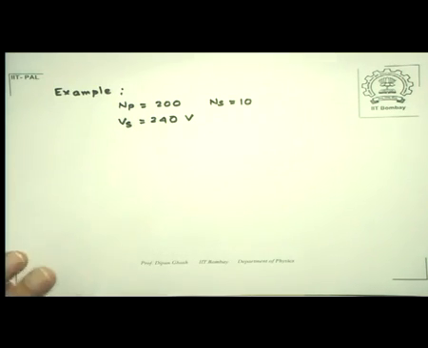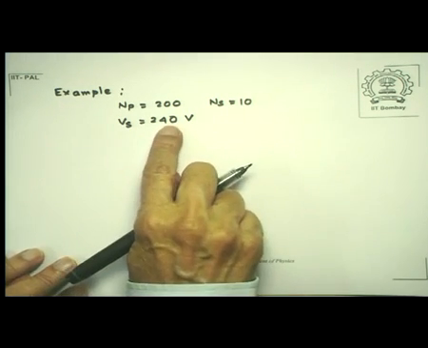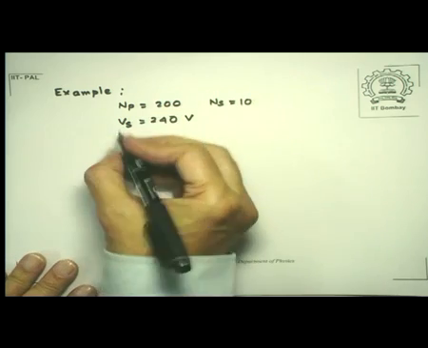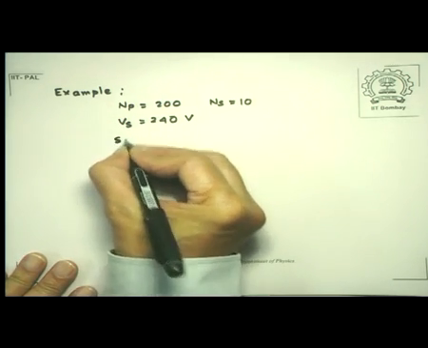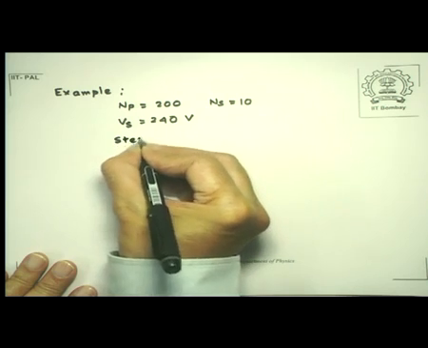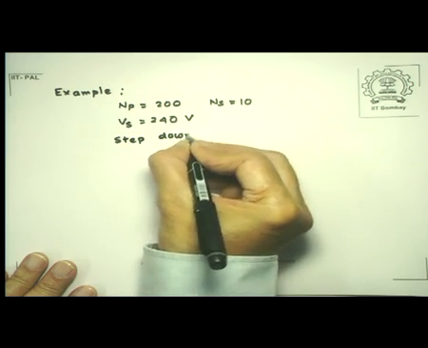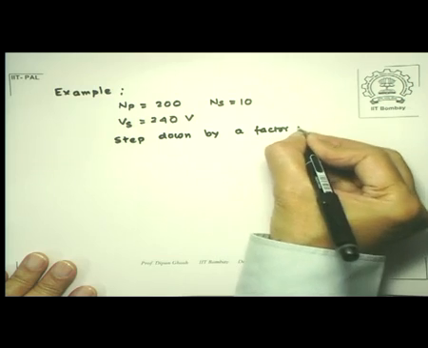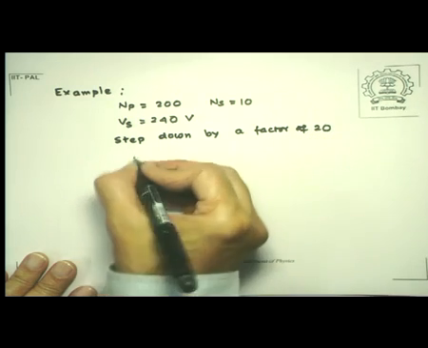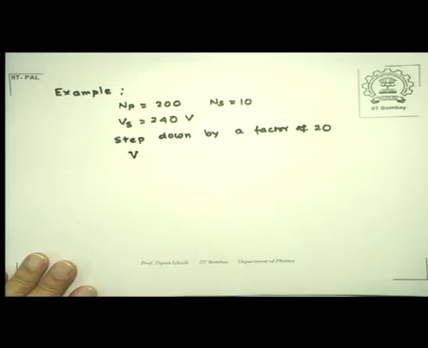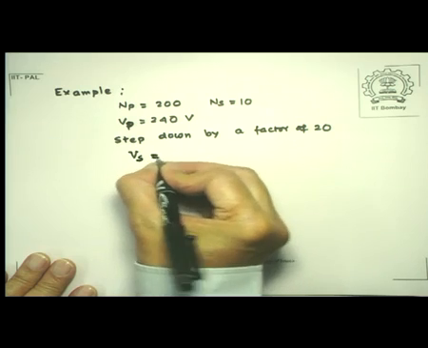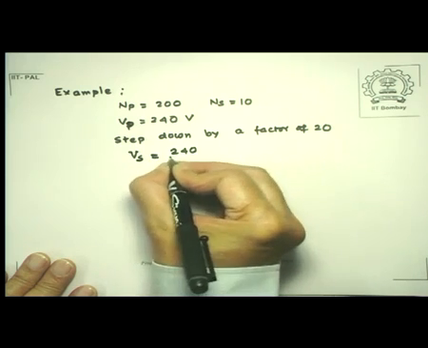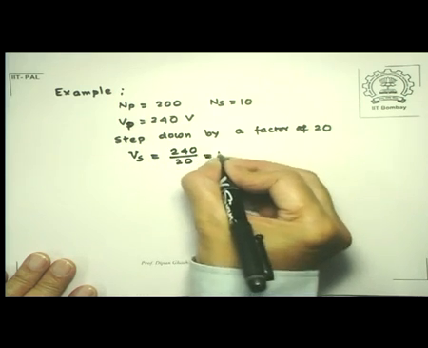Now clearly this is a step down transformer, step down by a factor of 20 because NP by NS is 20. So clearly the voltage in the primary is 240, so the voltage in the secondary is 240 divided by 20, that's equal to just 12 volts.